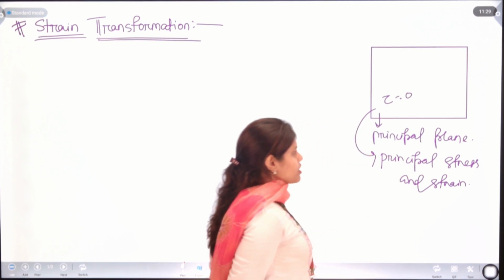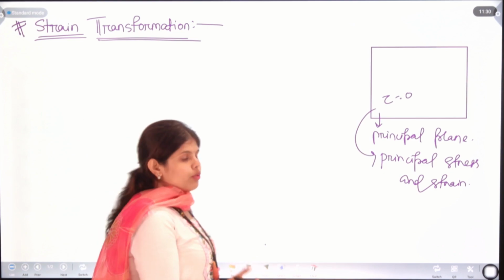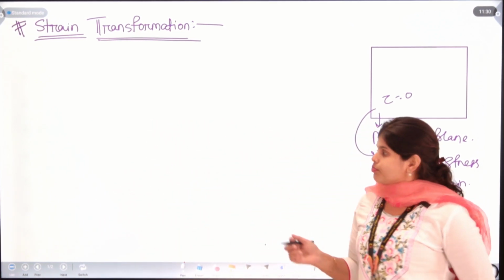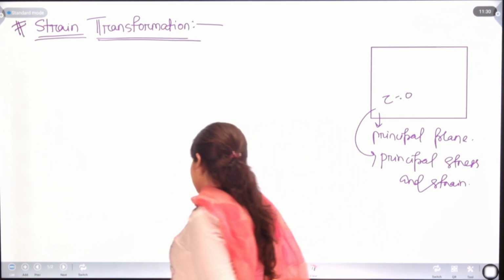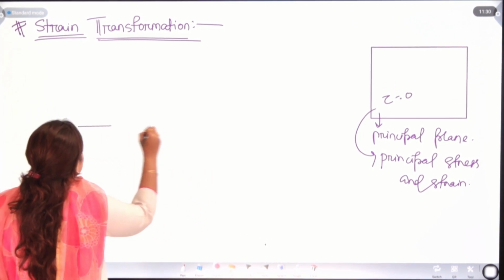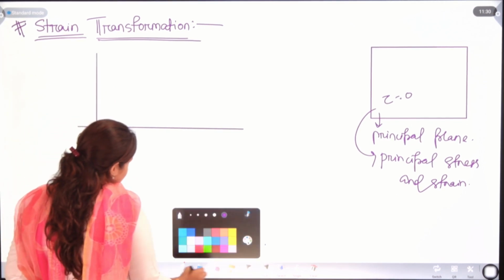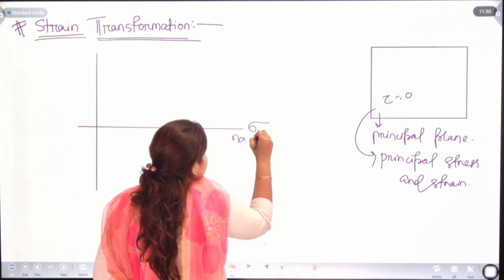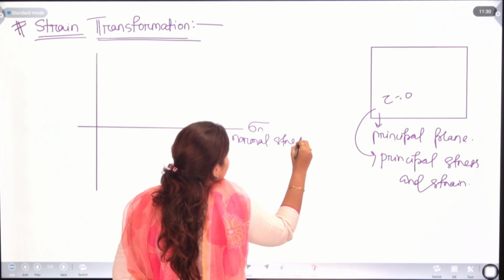In our previous classes, while understanding Mohr circle, we have already found out how to find principal stresses. Now, how to find principal strain? The process is very similar to the previous one, with just a few changes. Here we are taking the x axis for normal stress, that is sigma n, right?